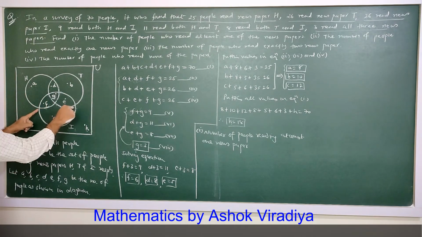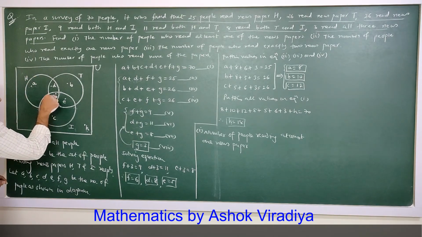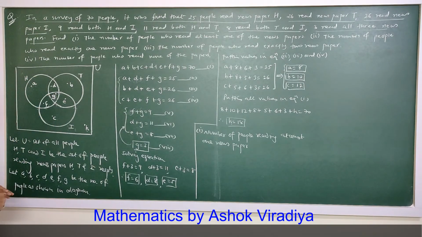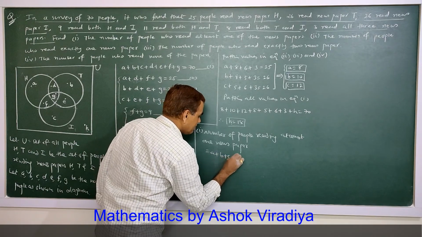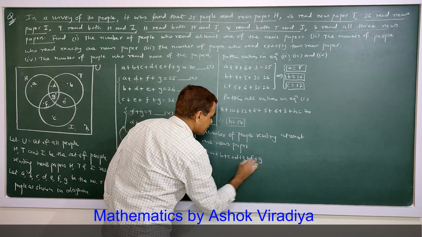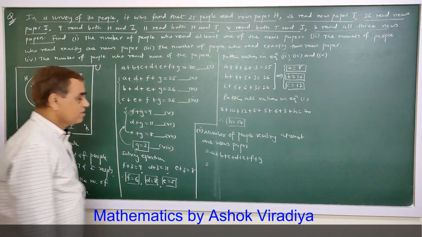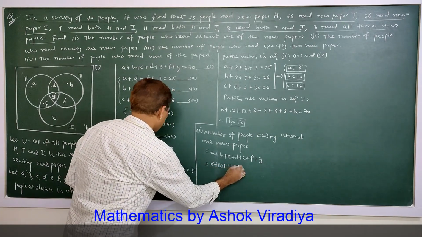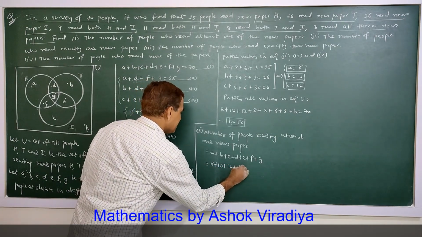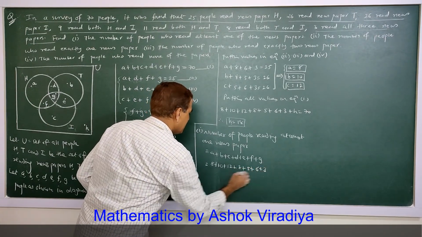These circles contain only one, only two, or all three. That means at least one. So sum up A to G: A plus B plus C plus D plus E plus F plus G. Putting these values, 8 plus 10 plus 12 plus 8 plus 5 plus 6 plus 3.